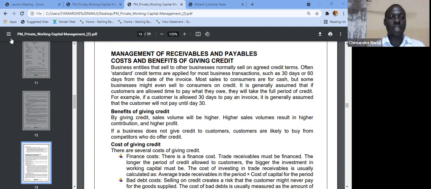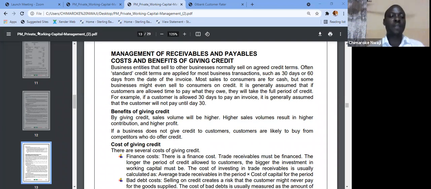We also saw that when using EOQ, we're able to get the least holding costs and ordering costs. But when we now looked at the purchase cost as a result of the discount from bulk purchase, we found out that there could be a difference in decision leaving the EOQ to buy in bulk purchase.